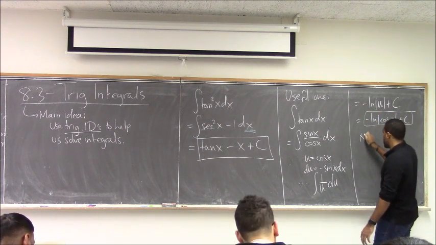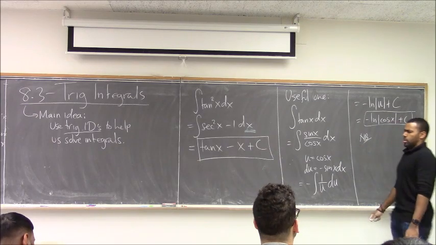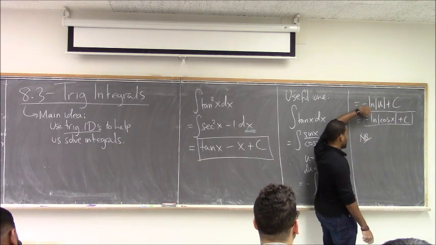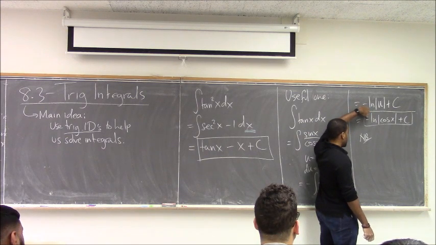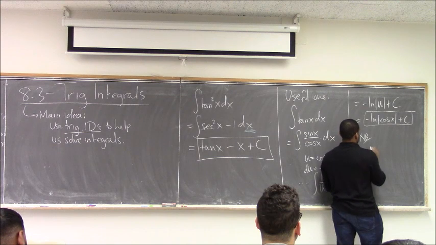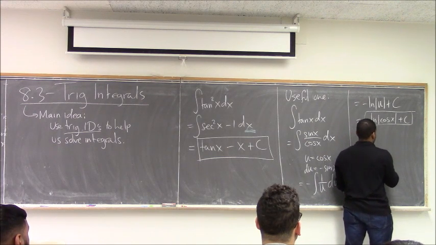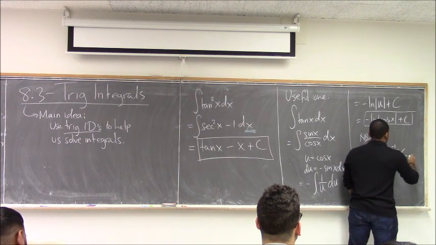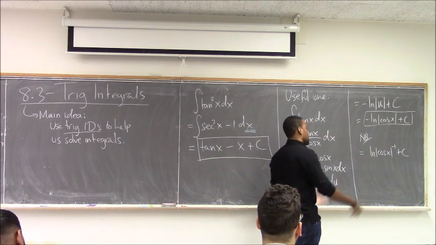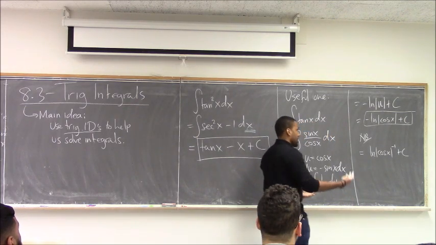Also, I want you to note something. Remember back when we learned about log rules, we can take multiples of a log and bring them up as a power. So another way to look at this is to write it as ln of cosine x to the minus 1. But of course, the absolute value of something to the minus 1 is the same as the thing to the minus 1 absolute value.